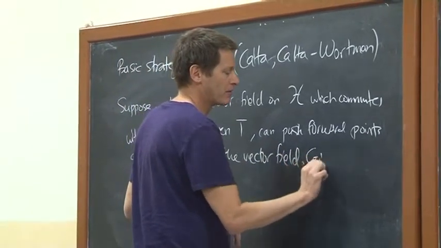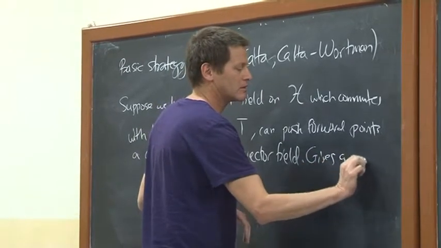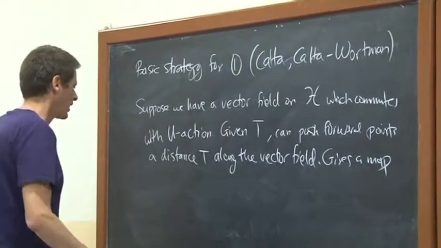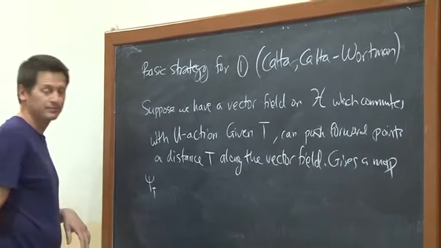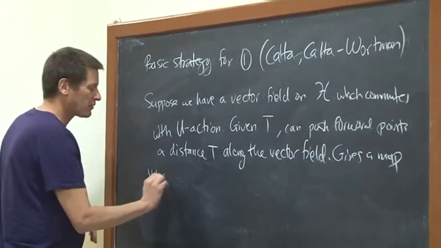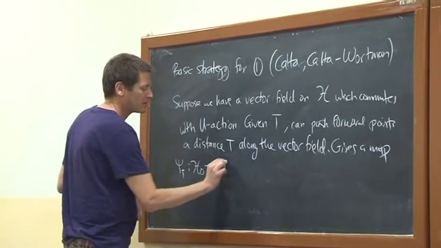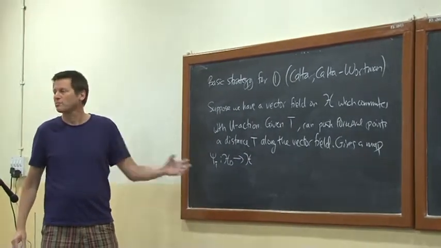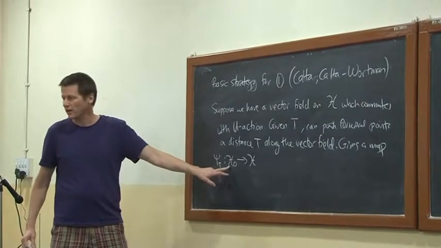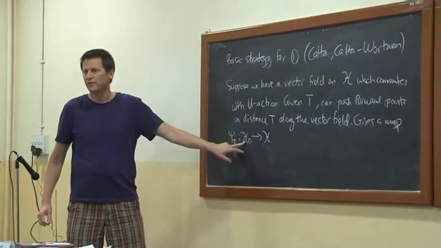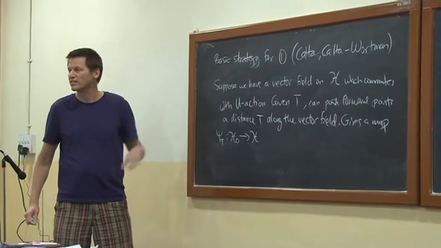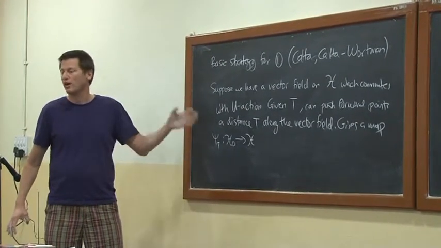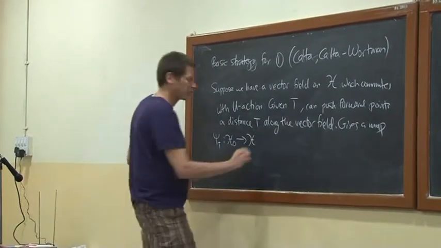This gives us a map, let's call it psi of t, from a certain subset of H into H, where if the vector field is not complete, then this won't be the entire stratum. And the vector fields that we are discussing will not be complete.